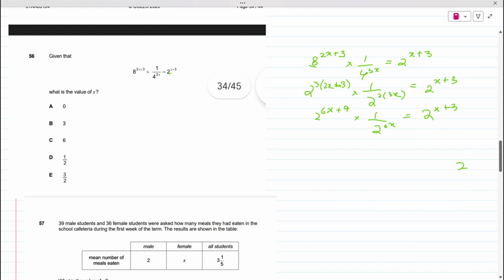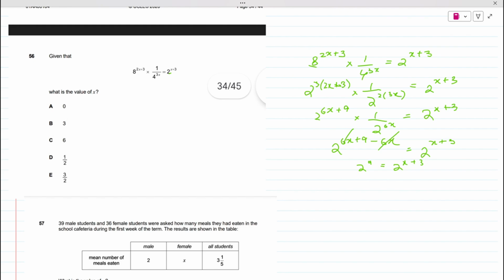So since bases are the same, the base is written once. 6x plus 9 minus the denominator power 6x equals 2 power x plus 3. The 6x and minus 6x cancel. So 2 power 9 equals 2 power x plus 3.